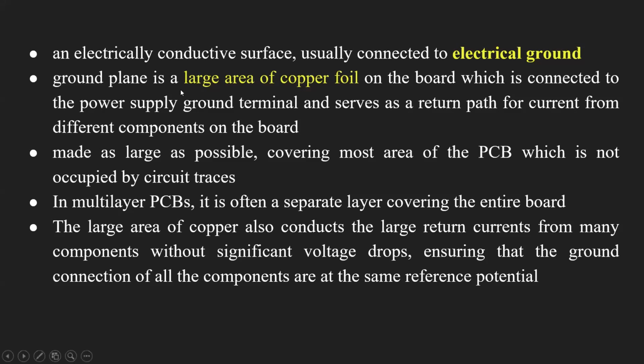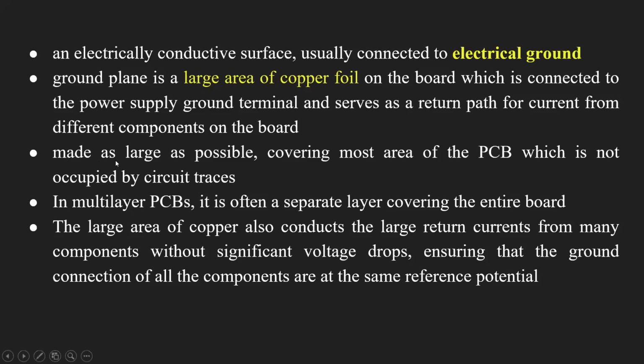The ground plane is a large area of copper foil on the board which is connected to the power supply ground terminal and serves as a return path for the current from different components on the board. As this statement suggests, if the current goes from the battery or any component, it will go through the positive or power supply side and return through the component via the ground part, or the negative part.